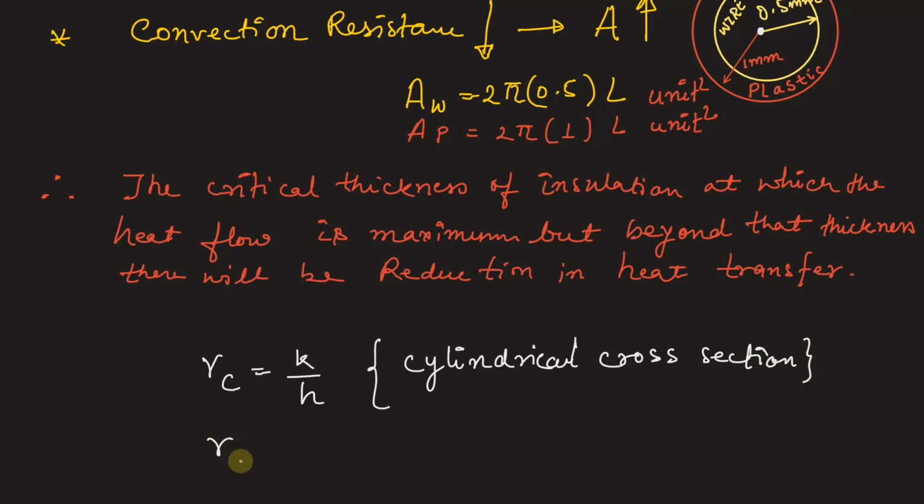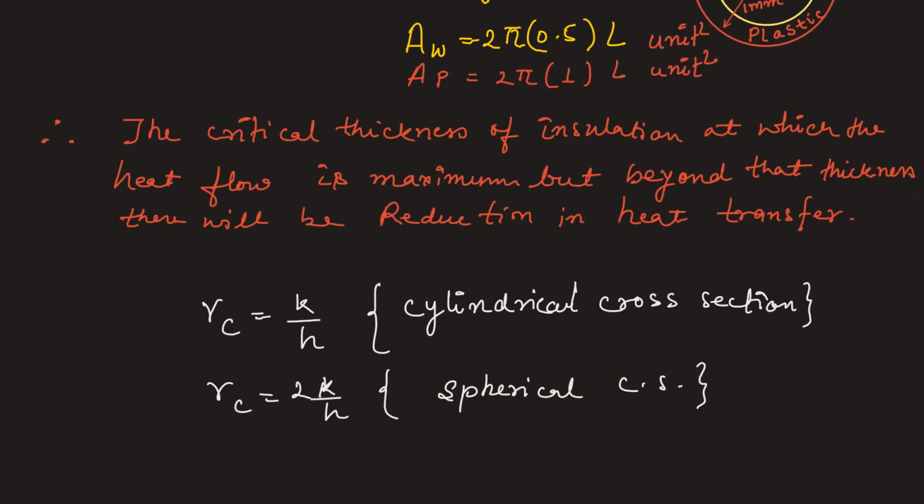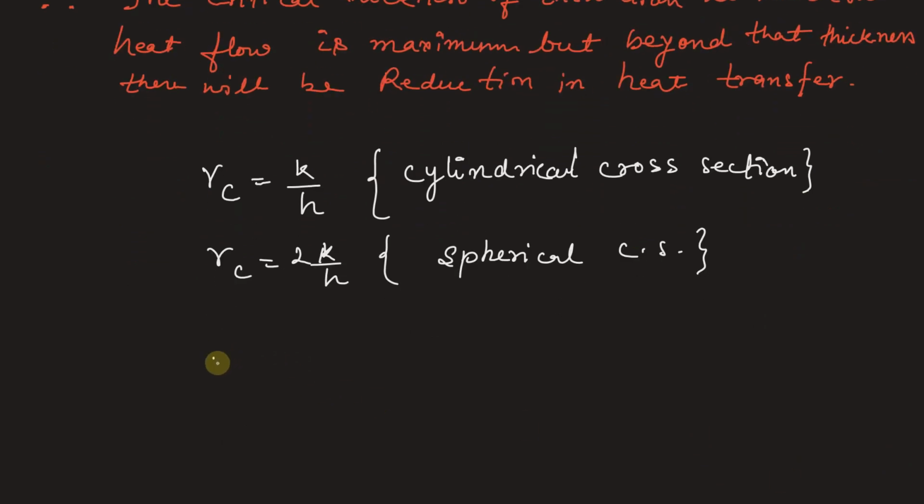And it is R_c equal to 2 times k by h for a spherical cross section. Okay, so using this formula we can write, therefore R_c will be equal to k by h of plastic, because plastic is the material used for insulation here.